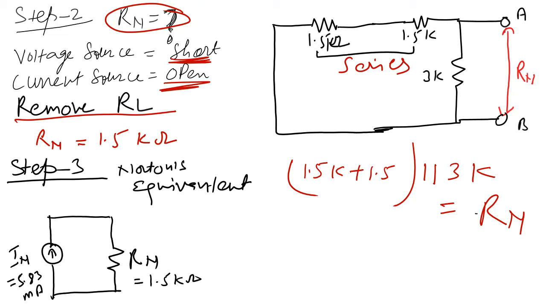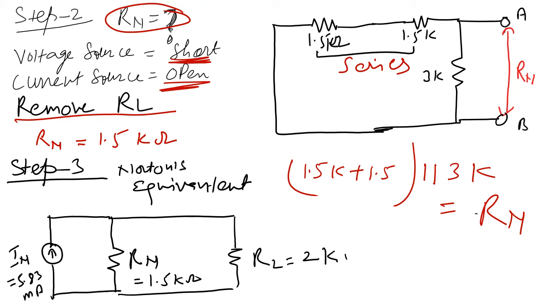So this is the Norton's equivalent circuit, and with this parallel combination you have to draw the RL. The value of RL is 2 kilo ohm.